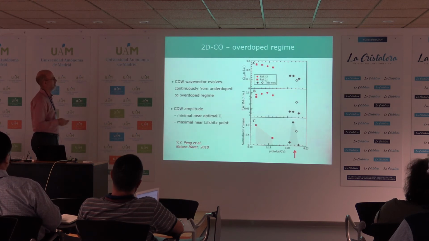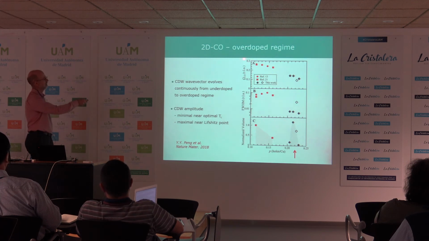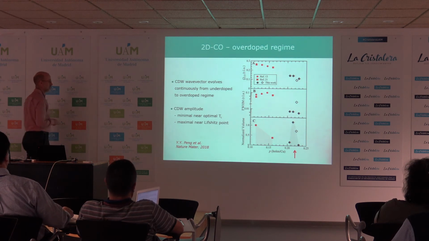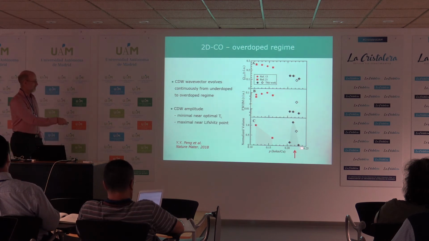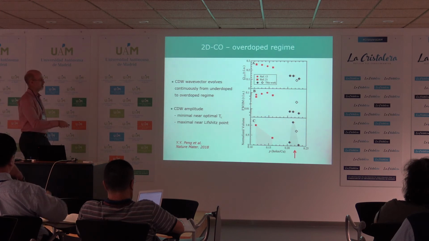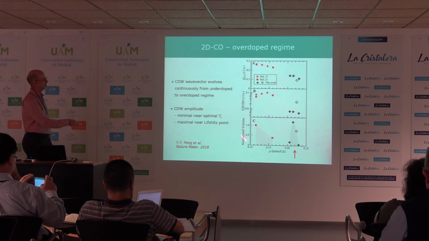You can then even track the Q vector in the overdoped state here. So the trend that you see from the underdoped state as a function of doping continues. And when you look at the intensity of these peaks, they're actually more intense than in the underdoped state.